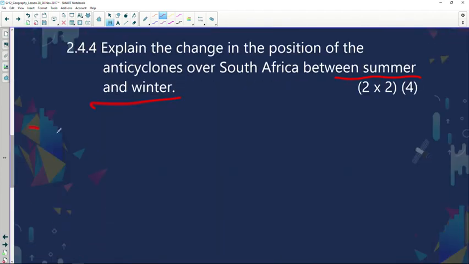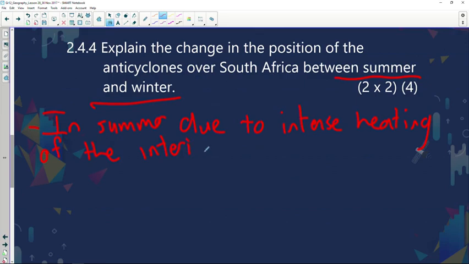So we can say in summer, due to intense heating of the interior of Southern Africa, the high pressure systems move further out to sea.